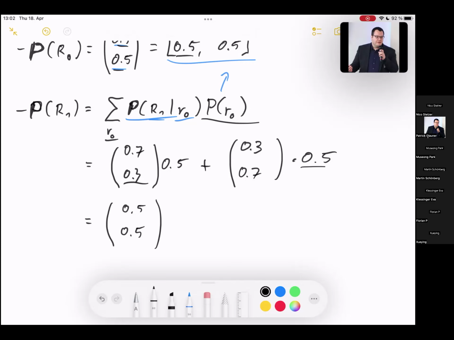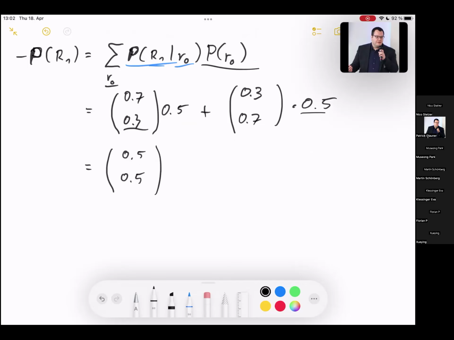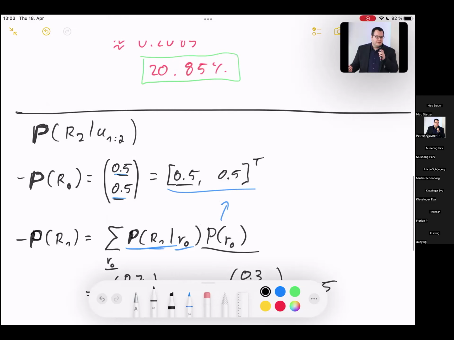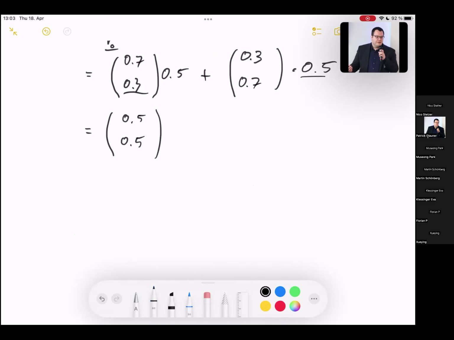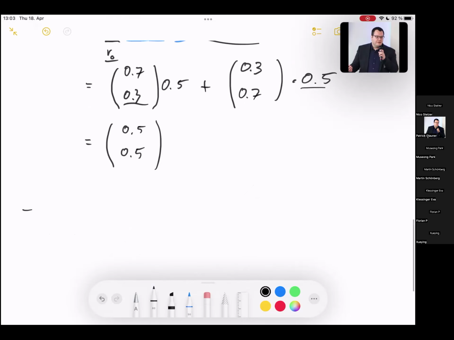But now we will actually, in the next step, take into account our evidence. And the evidence will come very quickly now, because from what I wrote here, we know there's an umbrella on the first day and the second day. So I can now calculate P of R1 given the evidence.